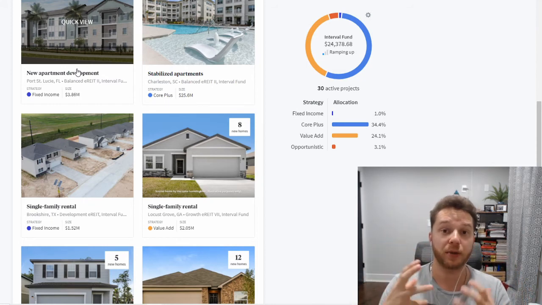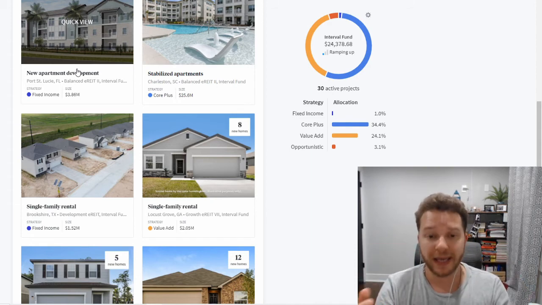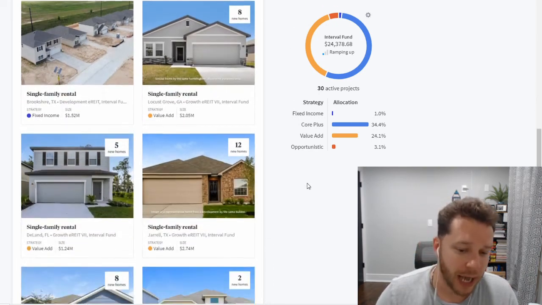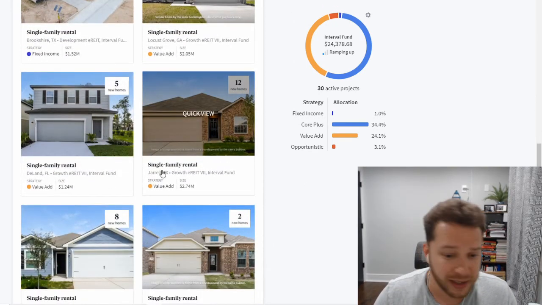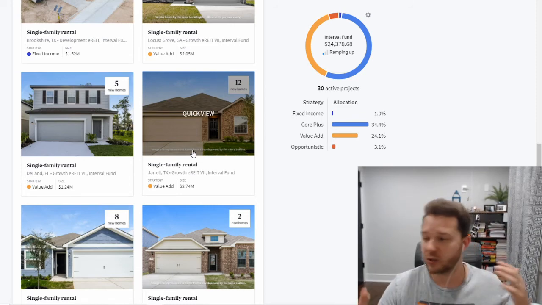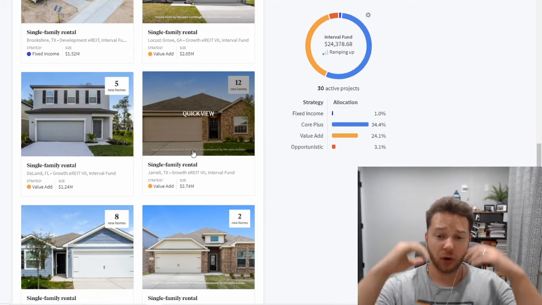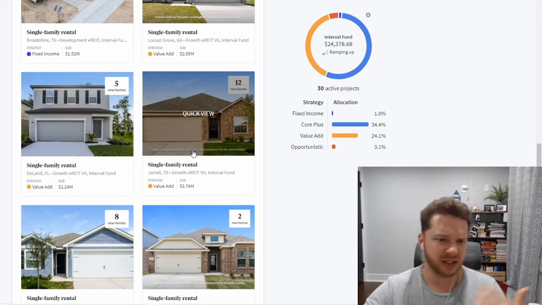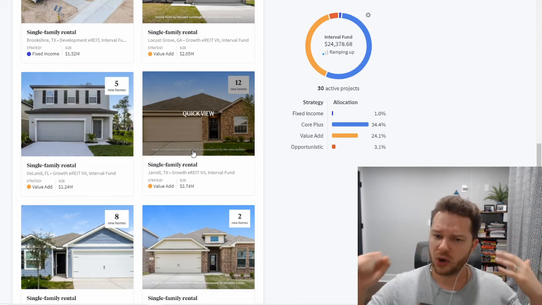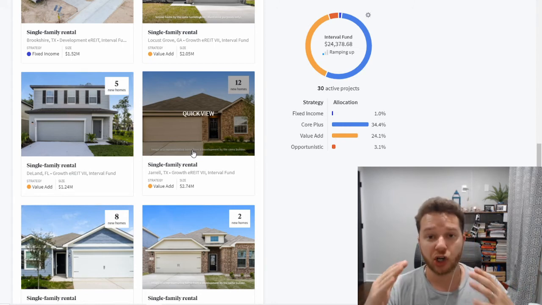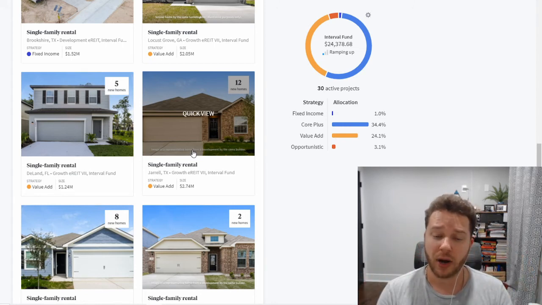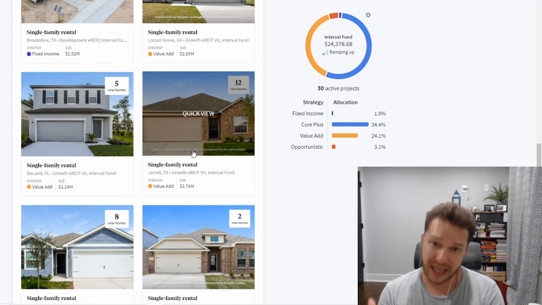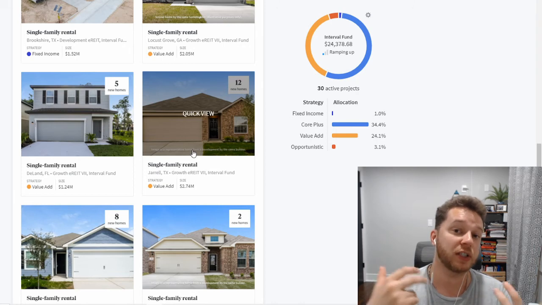And when the price per share goes up, you make a certain amount in terms of appreciation, and that is how it works. The same thing would happen in reverse. Let's say this single family rental here in Texas, there was some sort of hurricane and out of nowhere this area is just not desirable, the school district is bad, there's some sort of gang activity or something bad happens, right? Out of nowhere this rental property becomes worth less than it was when Fundrise purchased it.